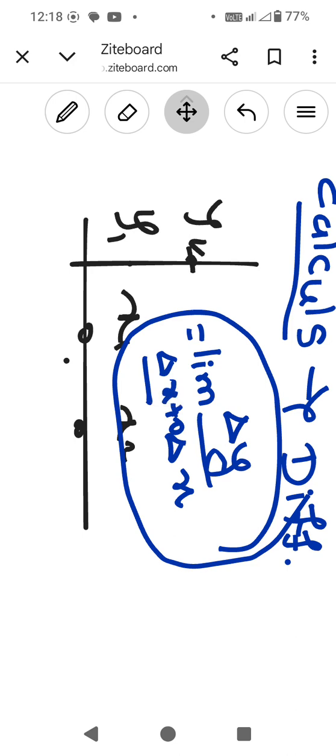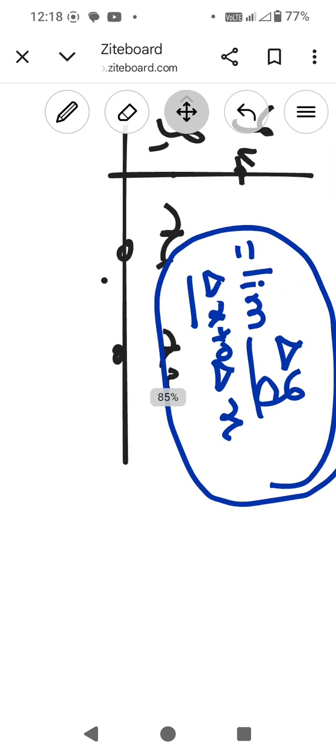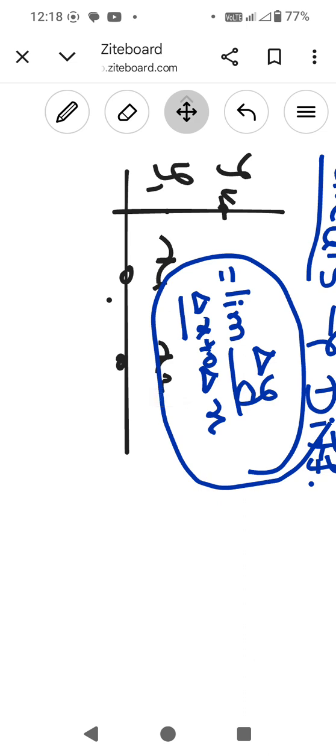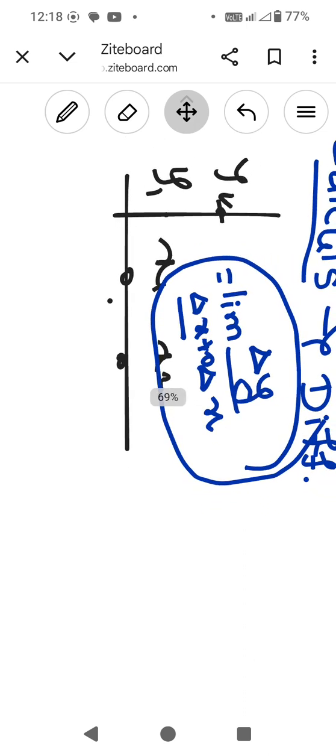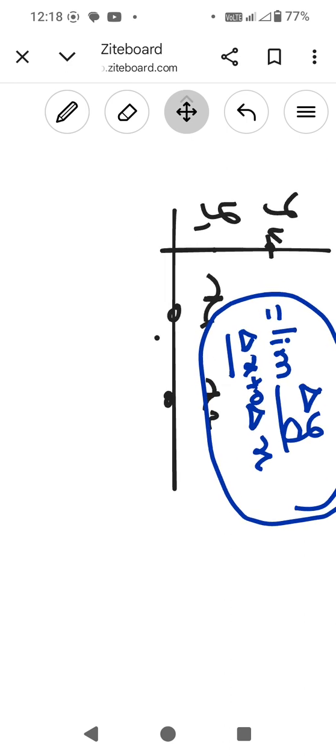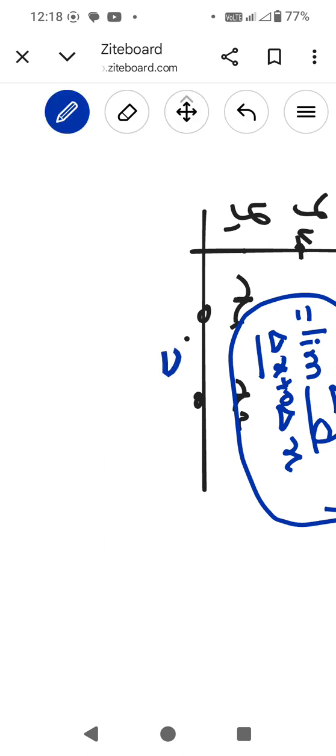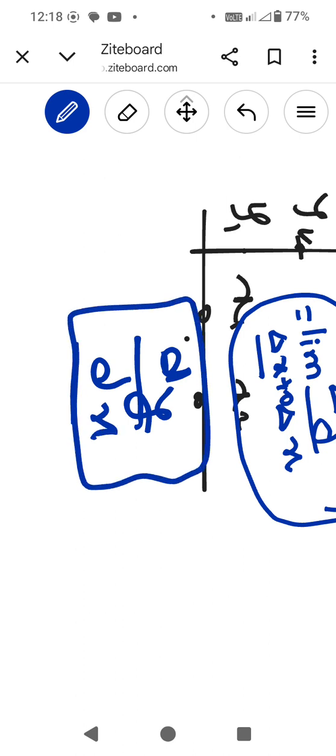For such small instantaneous changes, we generally use dx.